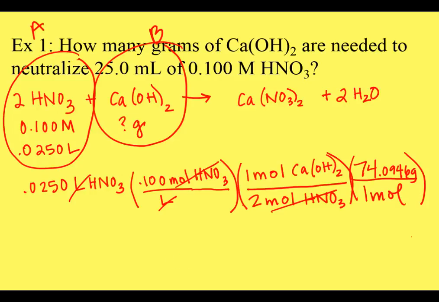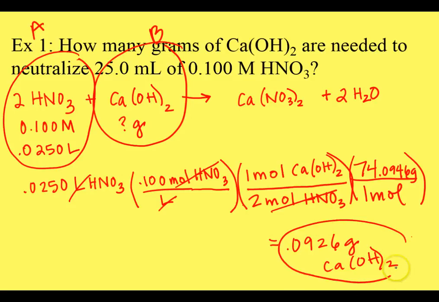After crunching the numbers, you should come up with 0.0926 grams of calcium hydroxide. Please be sure that this calculation makes sense and everyone arrives at this answer before you move on.